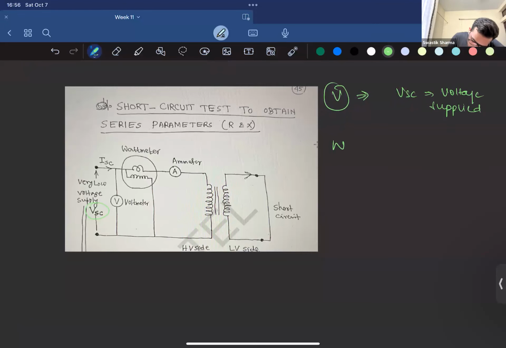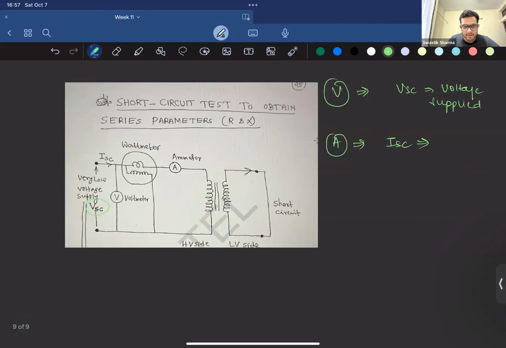Let's talk about ISC first. The ammeter measures ISC. Since it's connected near the coil, the primary side coils, it measures the full load current, because the low voltage side is short circuited, and the current induced at the low voltage side shows its effect on the primary side as well.